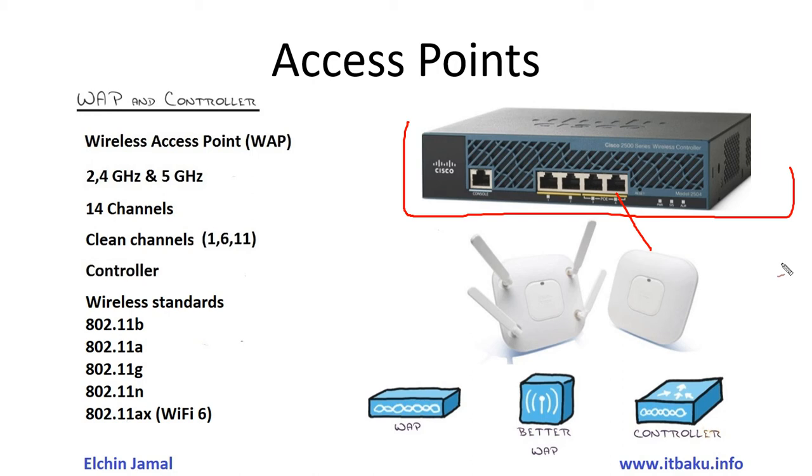Also, I want to give you brief information about wireless standards. The first wireless standard is 802.11b. It's the old wireless standard. Then we have the a/g/n standards, and the latest standard is 802.11ax.